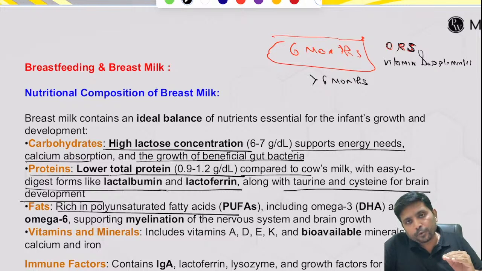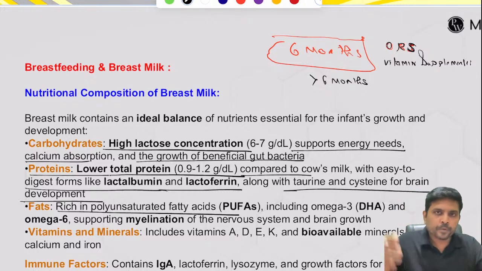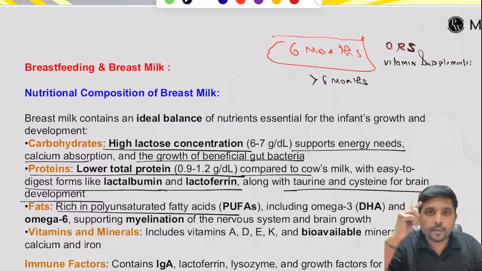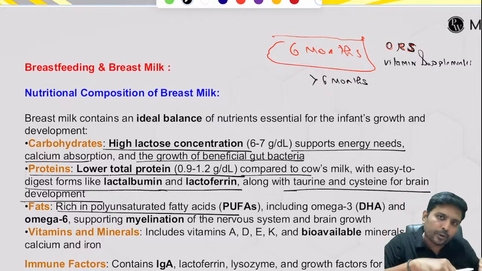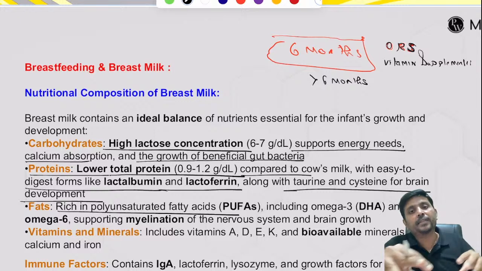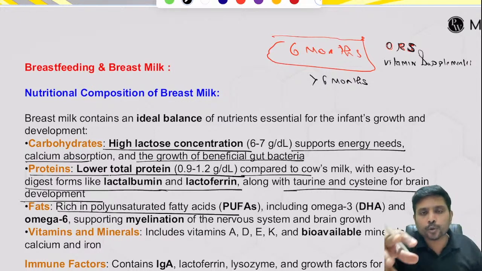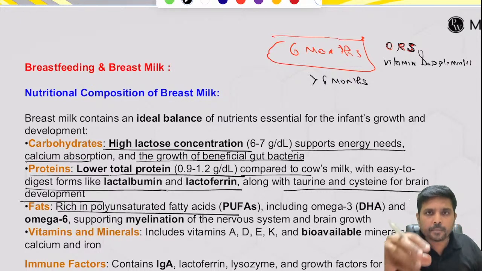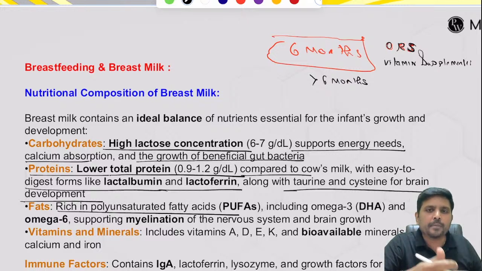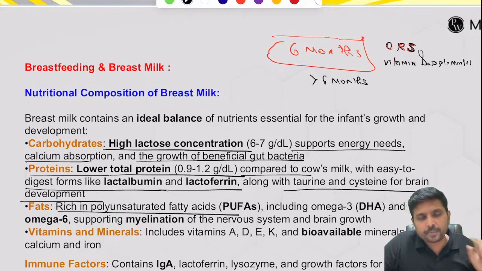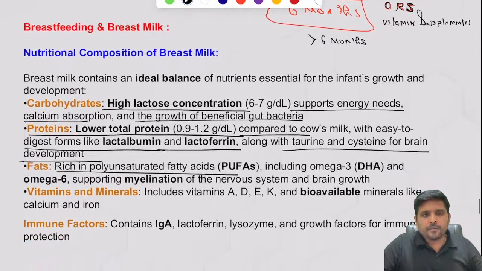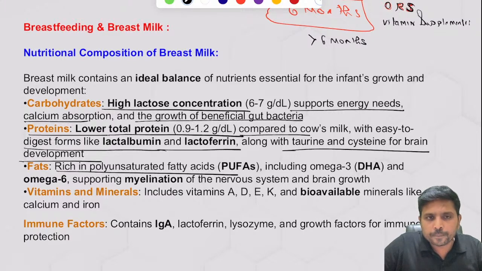So carbohydrate is more in case of breast milk, protein is more in case of cow milk, but more of casein compared to whey protein. Whey protein is good for health. Even though the total protein is less in breast milk, whey protein is more in breast milk compared to cow milk, so it is easily digestible and easily absorbable. Fat remains the same in both breast milk and cow milk.